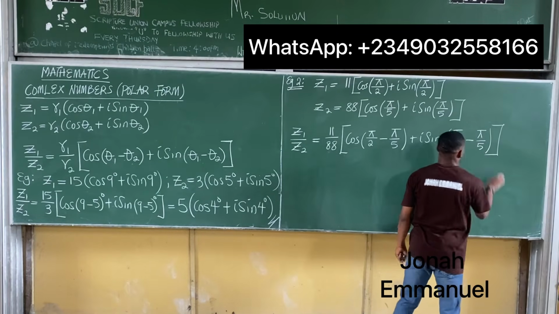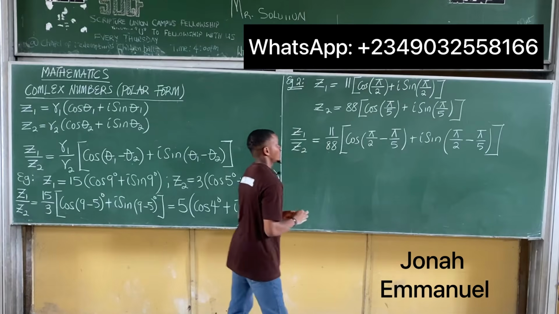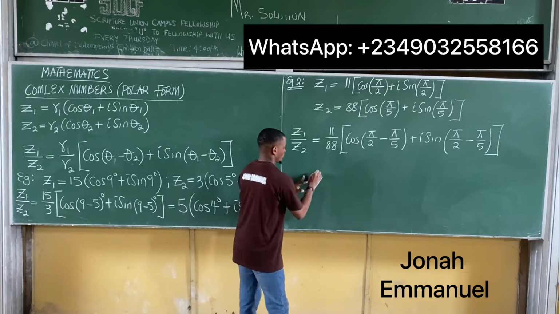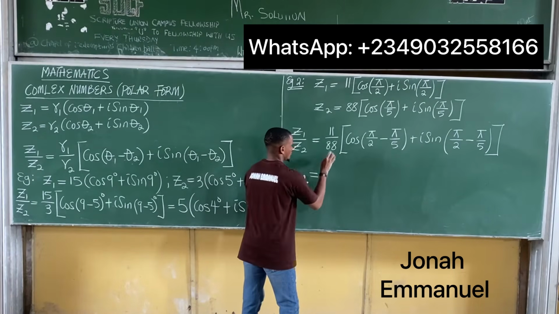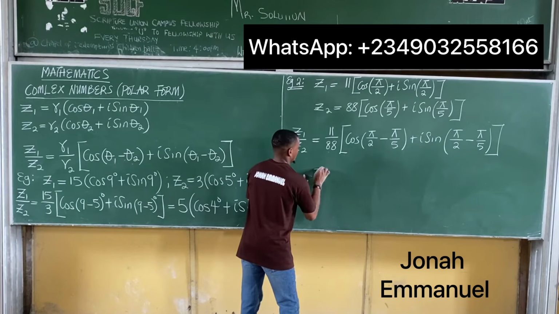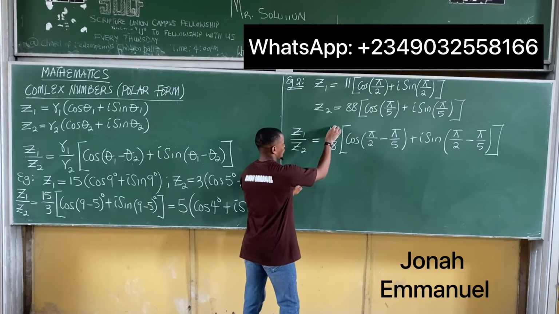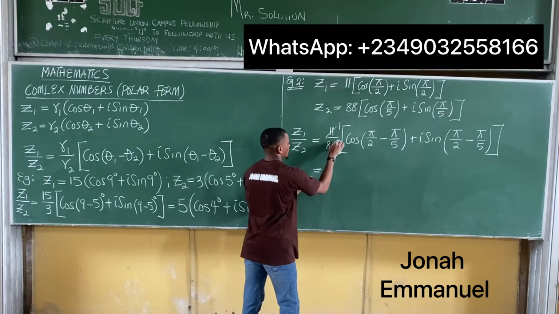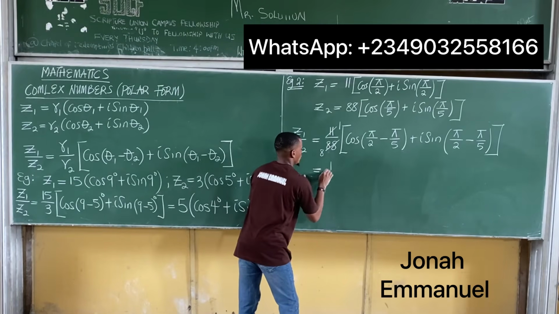So I have this expression, and I'd have to work on it. In lowest terms, 11 over 88 is 1 over 8.